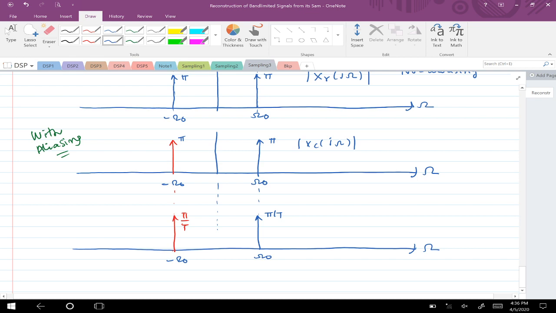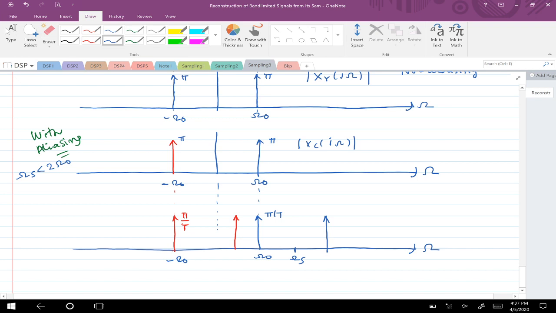The next copy: when there is aliasing, what does that mean? Your omega s is less than 2 times omega naught. So assume that your omega s is here now. If I plot the left hand side, this would bring a copy here, and another copy would go from here.